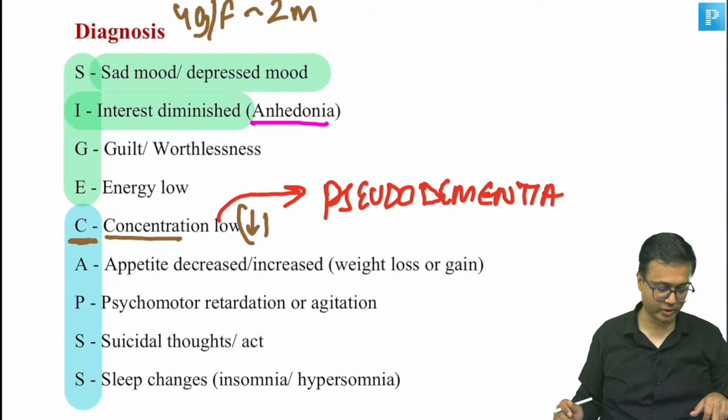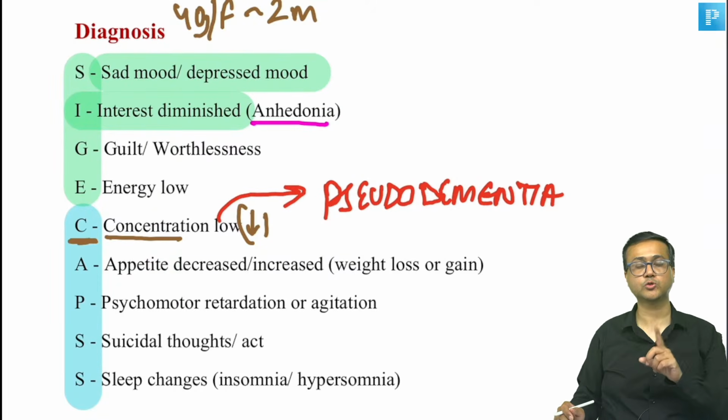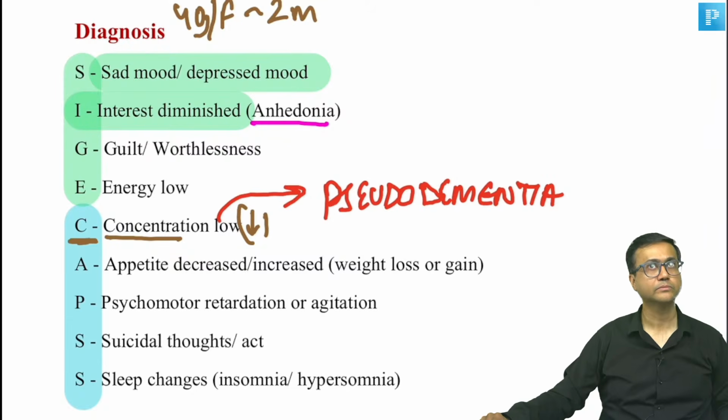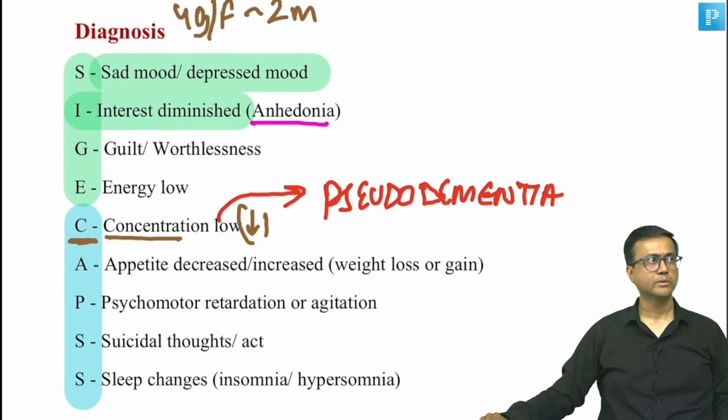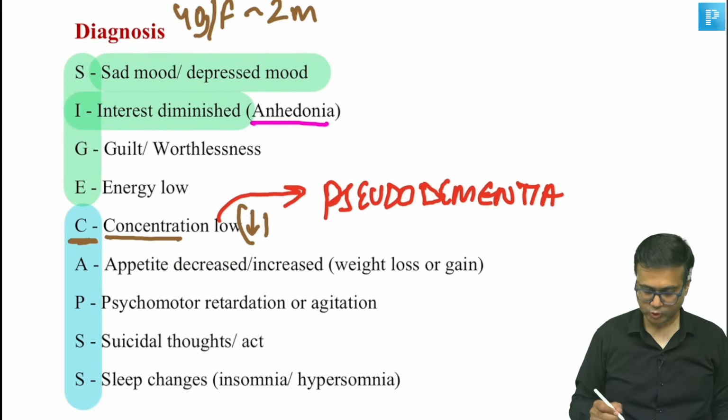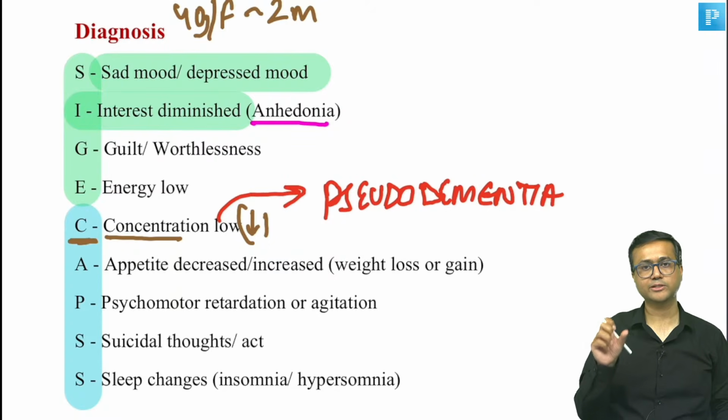So pseudo dementia is seen in depression. So is it clear, beta? CAPS, that is, concentration is reduced.